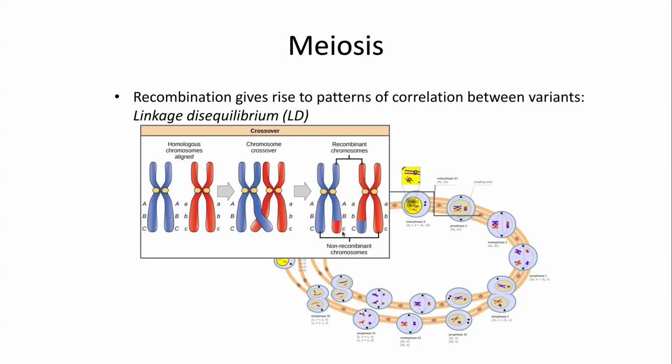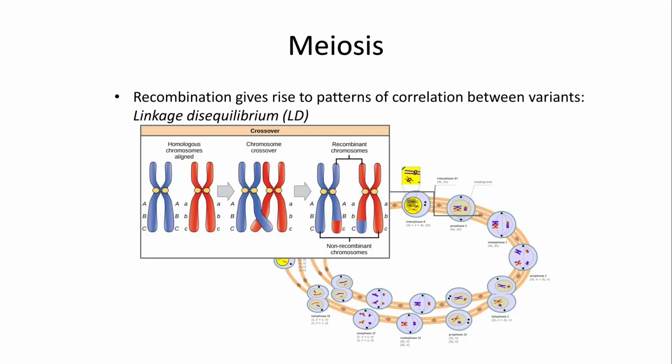So that's the exchange of paternal and maternal DNA between the sister chromatids of homologous chromosomes. This exchange goes in chunks, as shown over here. And that's why variants that lie together on this chunk over here get inherited together. So there is a higher correlation between variants lying on this chunk as compared to a variant on this chunk and a variant right over here on the other side of the chromosome.